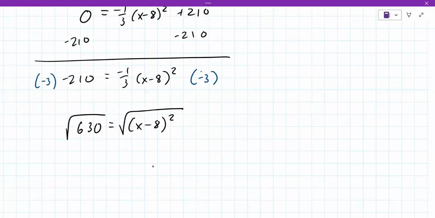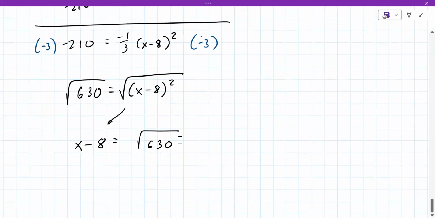Now, normally it is plus or minus, but in real scenarios, it's typically only the positive. All right, so from here, you add 8 to both sides, and your answer is 8 plus the square root of 630.